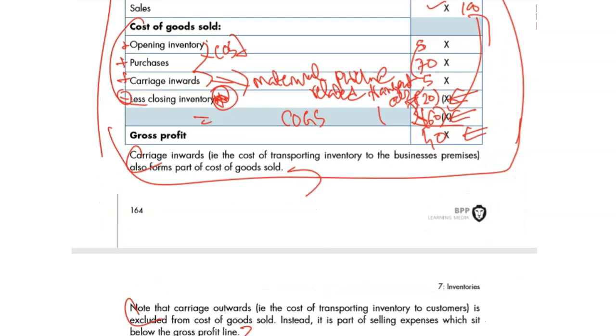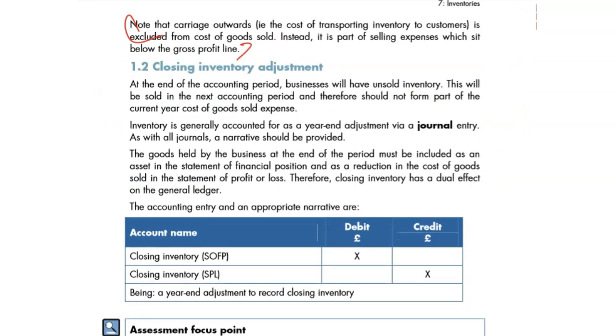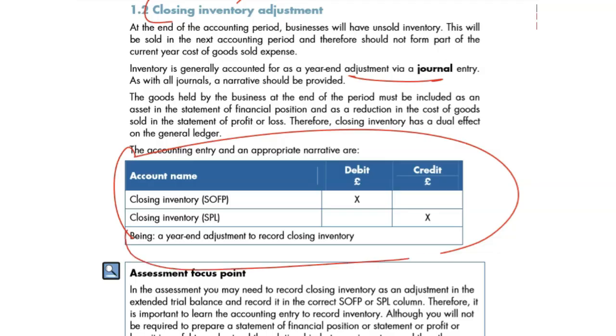If it is the opposite, you get the opposite answers, and profit will be lower. For closing inventory adjustments we need to do a journal. Closing inventory is a current asset in the statement of financial position, that's why it is a debit, and in the SPL we deduct it from cost of sales, that's why it is a credit.